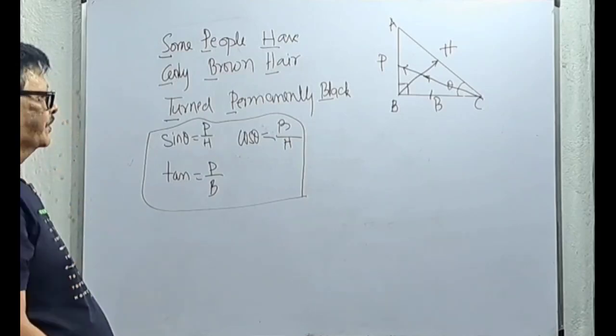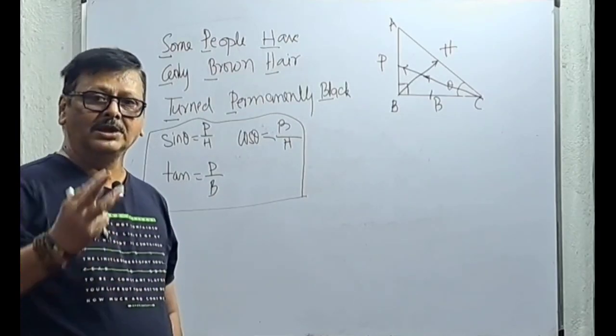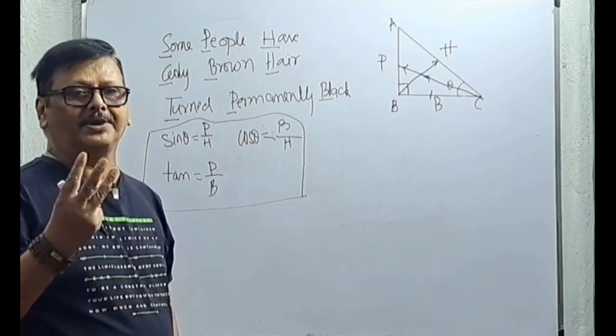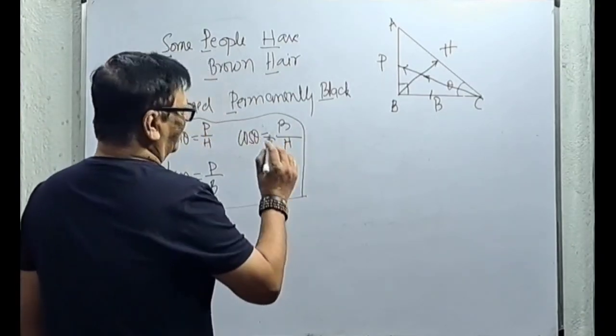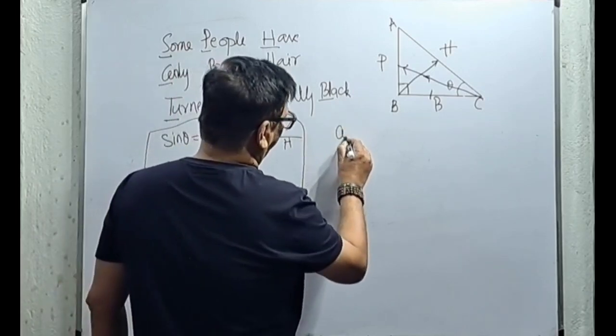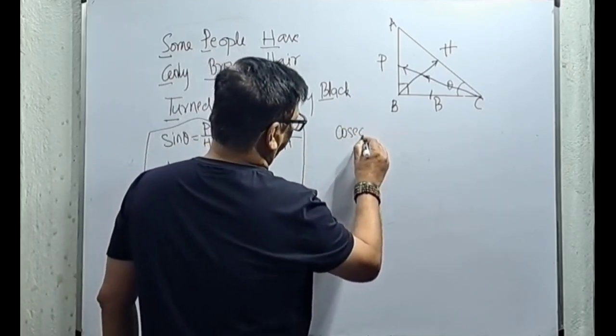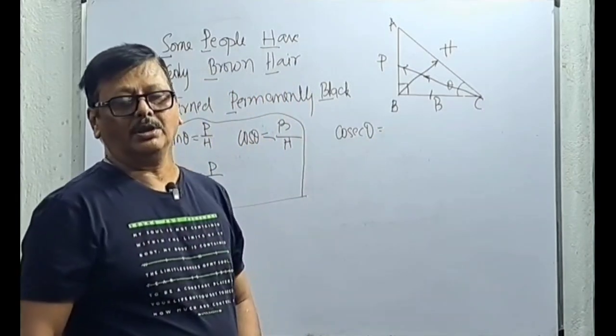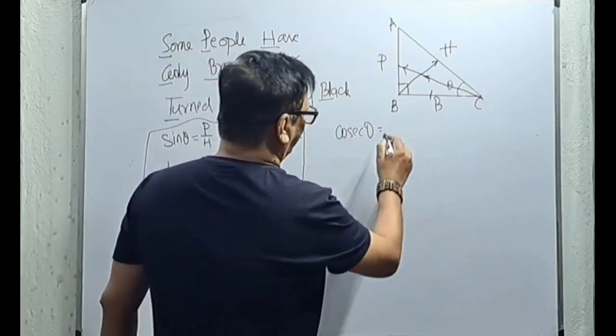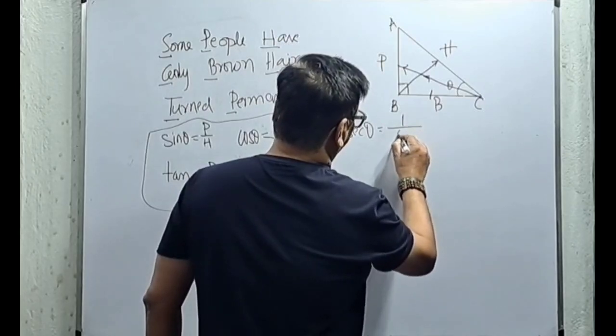Now you can see that I left out 3 trigonometric ratios. Why? I'll tell you. Now see, cosec theta is reciprocal of sine theta. 1 by sine theta.